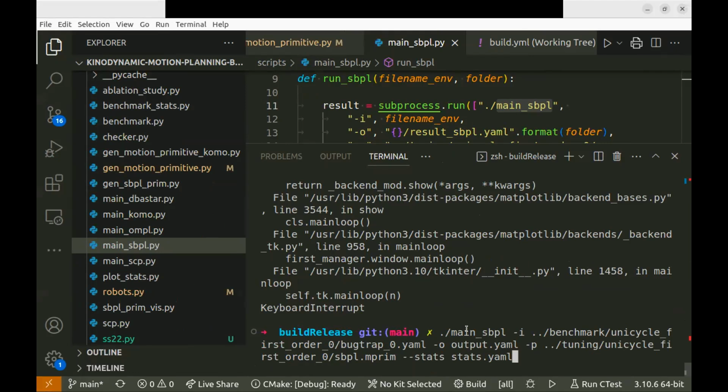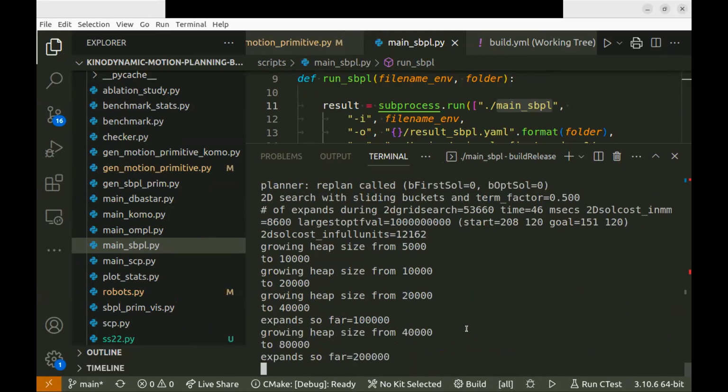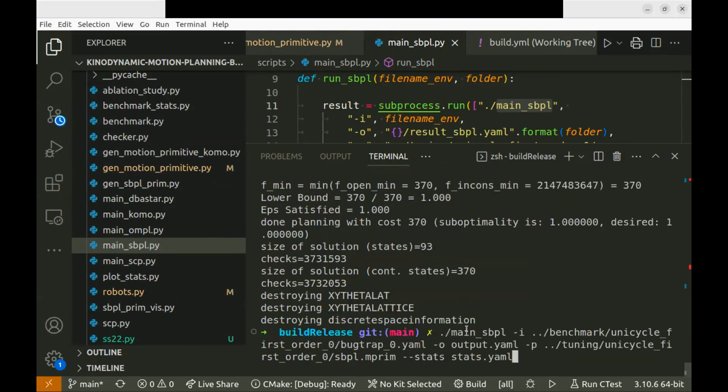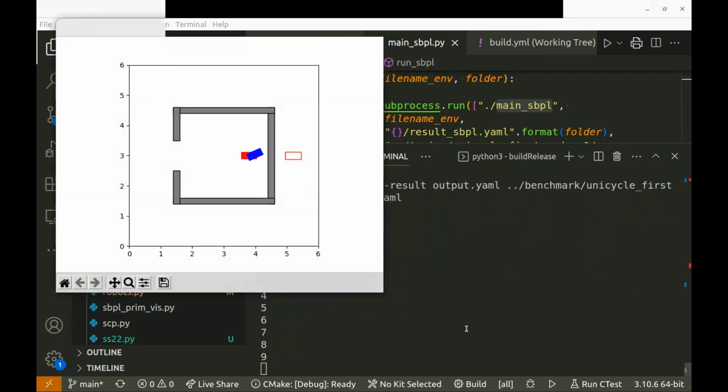Just to give you an example, it takes a little bit longer. And here's the example, so you start at the starting state.